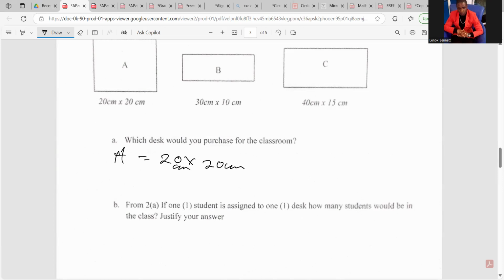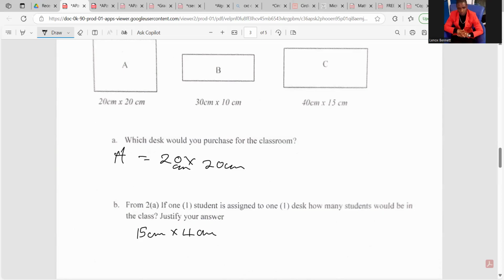All right. From 2A, if one student is assigned to one desk, how many students would be in the classroom? Justify your answer. Bear in mind, my classroom was 15 by 4.